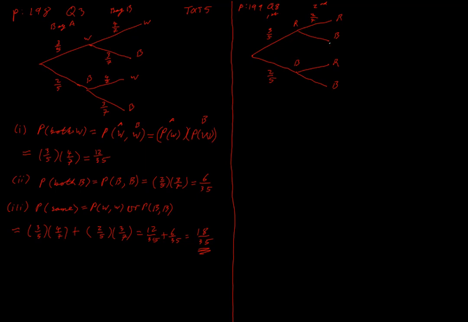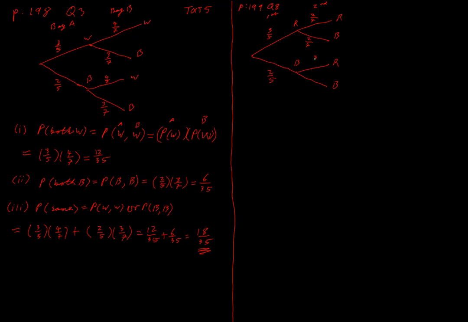Now what's happening here with the blue? Well, we had 2 blues to begin with. We didn't take any of them out because we took out a red here. So we have 2 blues left, and we only have 4 cubes left because we took one out when we get to here. So that's our first 2 probabilities up here. Next one, we got a blue this time. So how many reds are left?